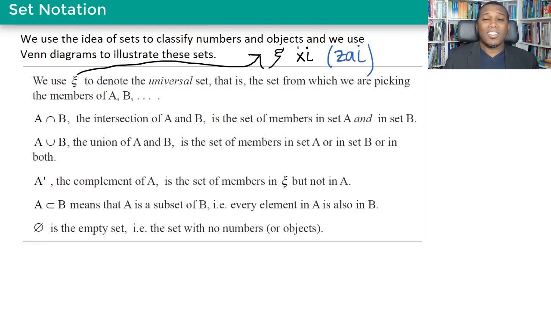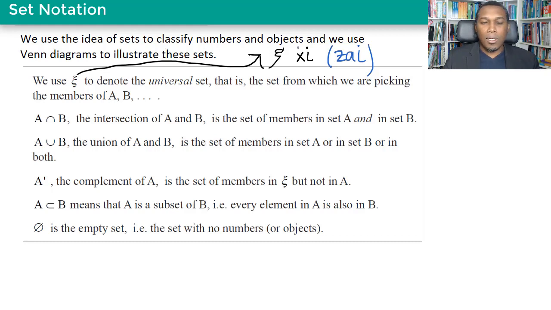Okay, so Xi. And Xi represents the universal set. By universal set, we mean all the different members or elements. We'll explain that terminology, but all the different numbers or objects that form part of the set, everything, the universal set, and that's represented by Xi.